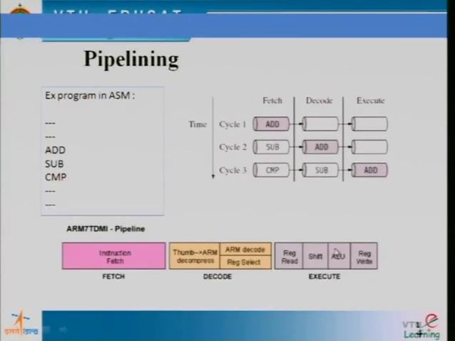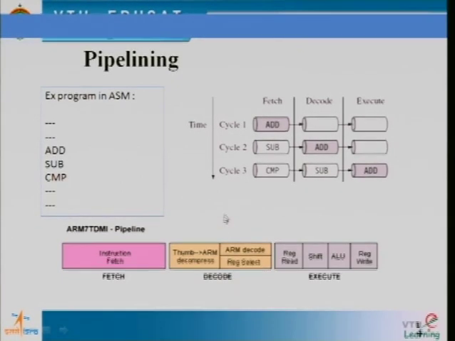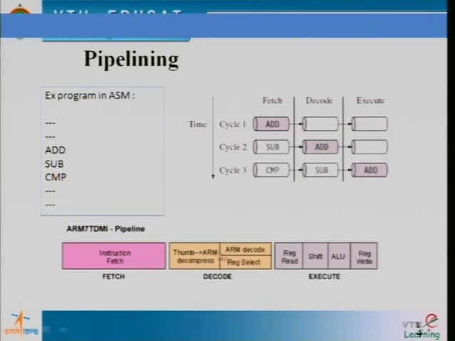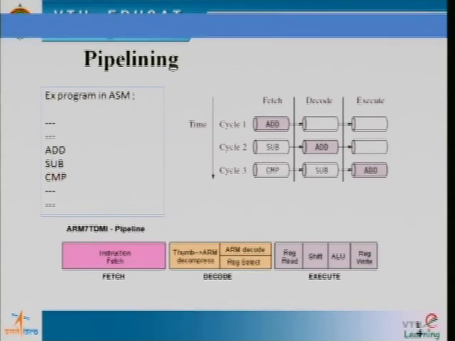ARM7 uses a 3-stage pipeline. I can further divide this into smaller subtasks and make the pipeline longer. It is possible. There are some ARM processors which make use of a 5-stage pipeline.